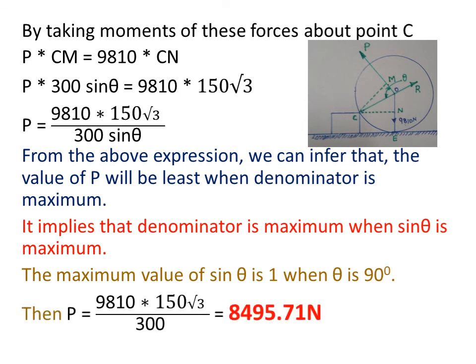Then if you take the maximum value of sin theta, P equal to 9810 into 150 root 3 divided by 300, its value is 8495.71 newtons. That means the minimum pull that is required to turn the wheel is 8495.71 newtons.